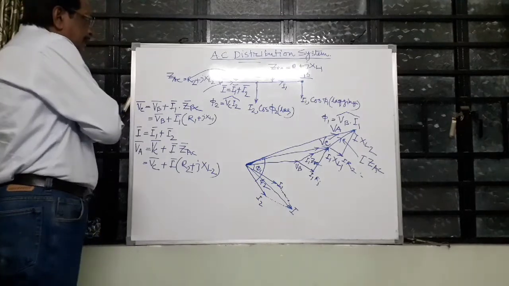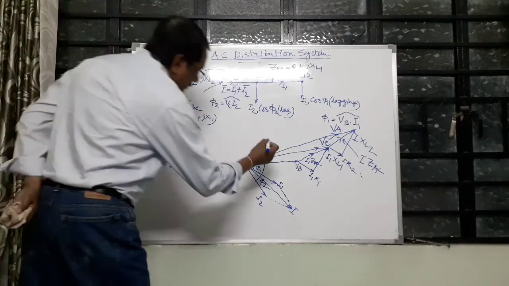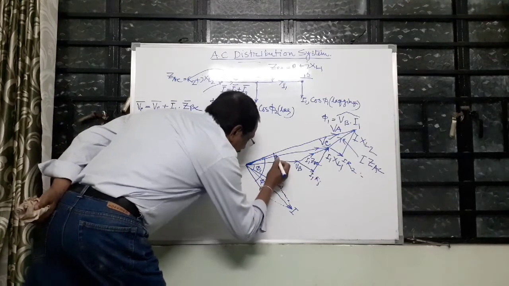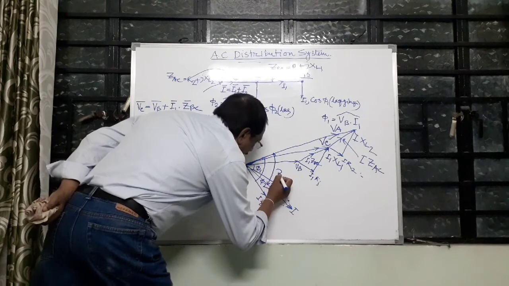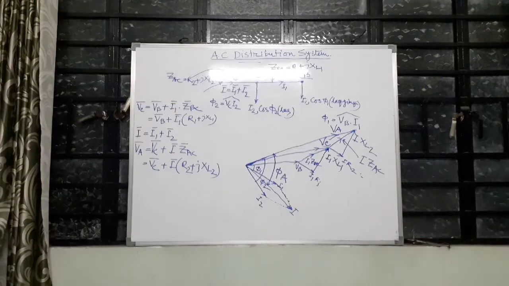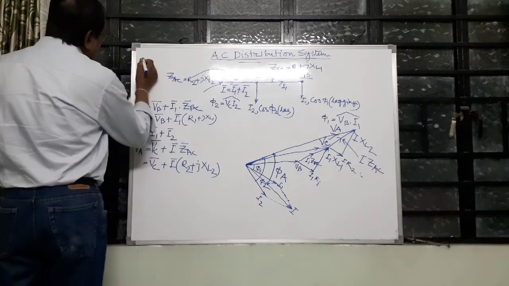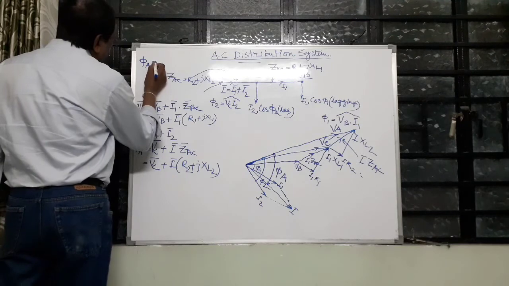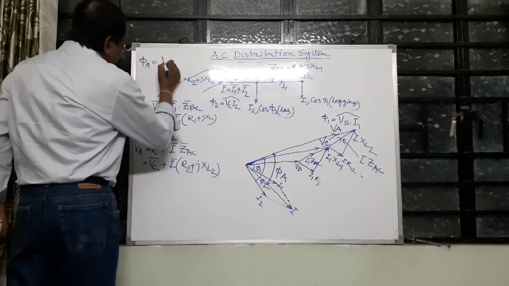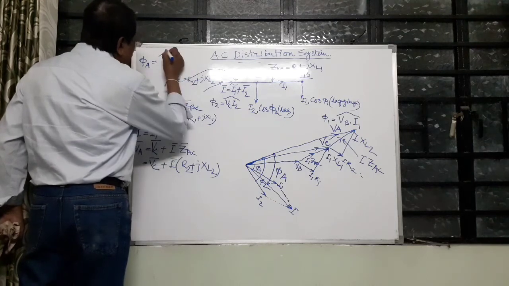It is the angle between VA and I. This is phi A, the angle between VA and I.